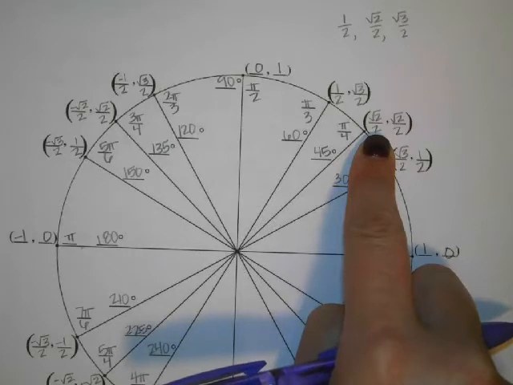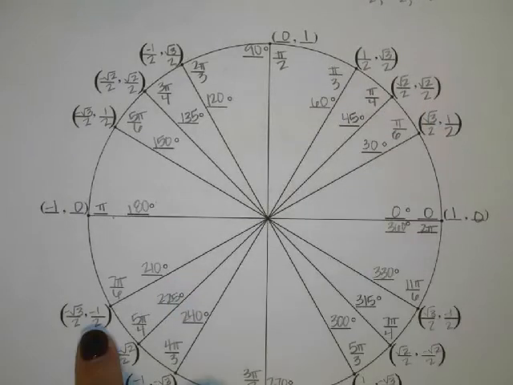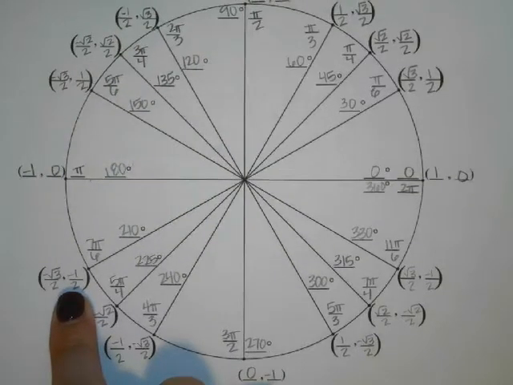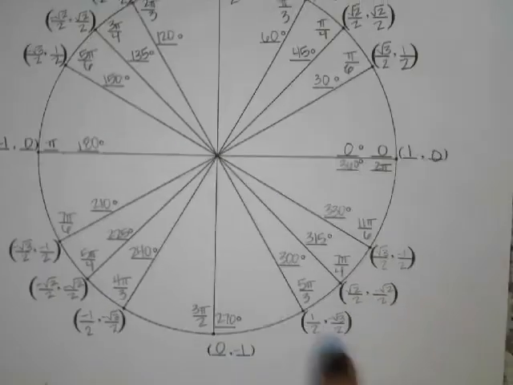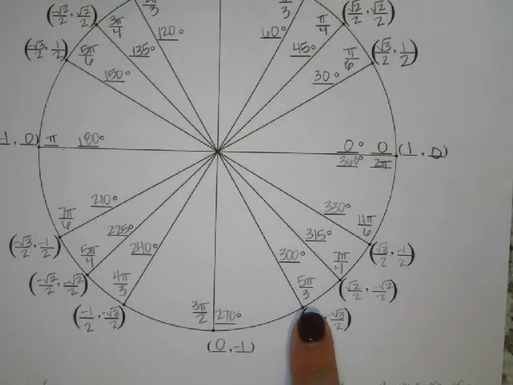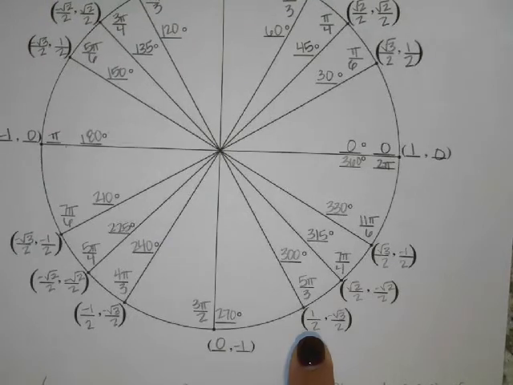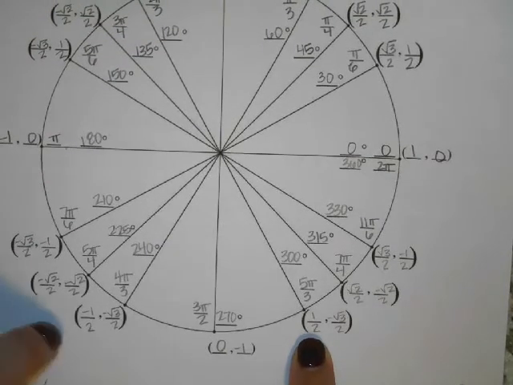If I wanted to know what cosecant of 7 pi 6 was, I would go to 7 pi 6, take the y-coordinate, because that's sine, and then I would flip it, and I would get negative 2 over 1. If I wanted to know what tangent of 5 pi thirds was, I would look over at 5 pi thirds, take the y-coordinate divided by the x-coordinate, and simplify it, and that would be tangent. So that's how evaluating trig functions works.